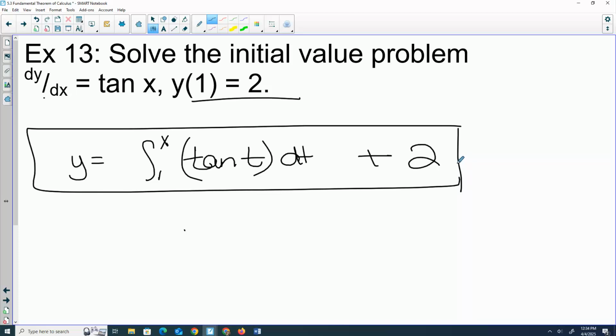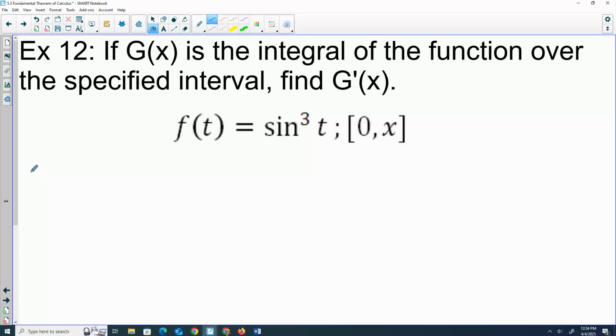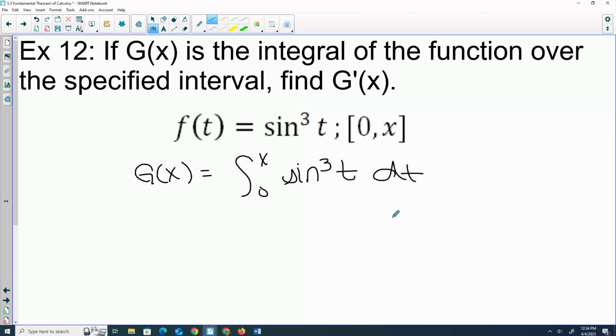Alright, let's work backwards. g of x is the integral from 0 to x of sine cubed t dt. I want g prime of x. What's the derivative of that?